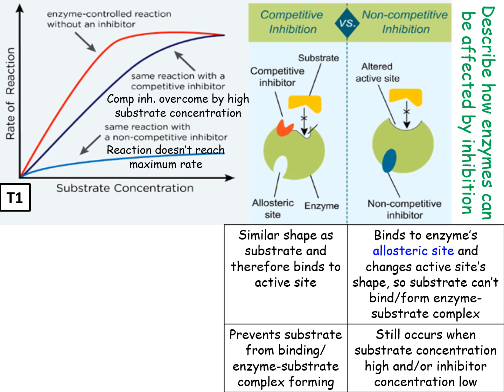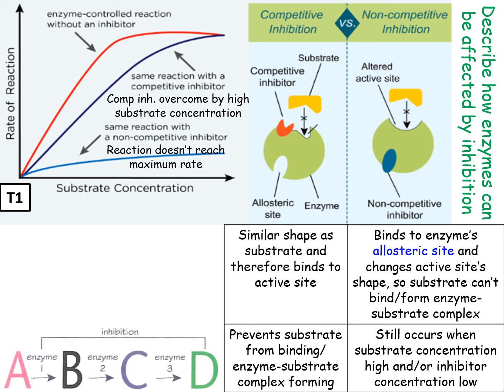However, with a competitive inhibitor, it can still reach the maximum rate when you're increasing the substrate concentration, as long as it can overcome the amount of competitive inhibitor molecules.